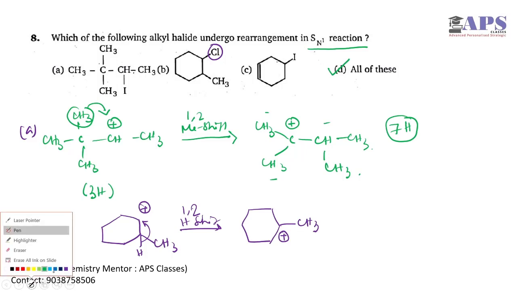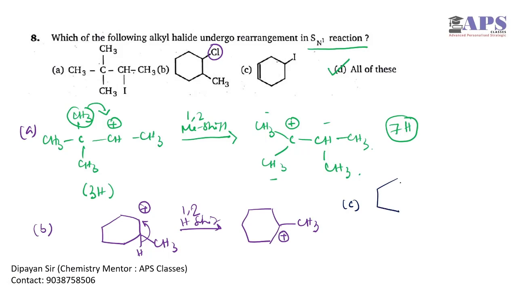But in this case, we must check option C, because there may be some mistakes present in any of the books. So after this type of elimination of leaving group, we end up with this carbocation.